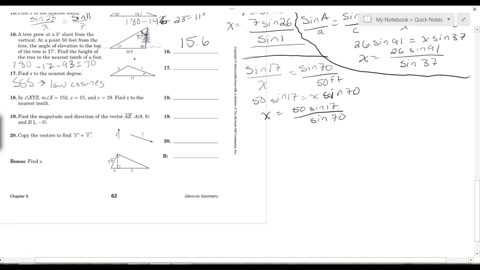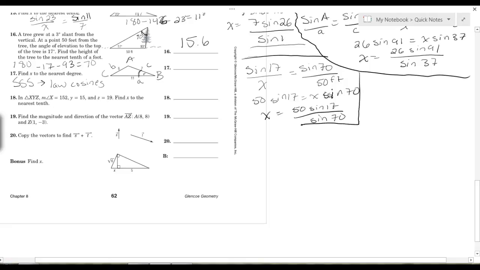I'm going to call this A, I'm going to call this B, I'm going to call this C. So that means the sides across from it get the same letters but small, lowercase. So this is side C and this is side B. So I'm looking for B.